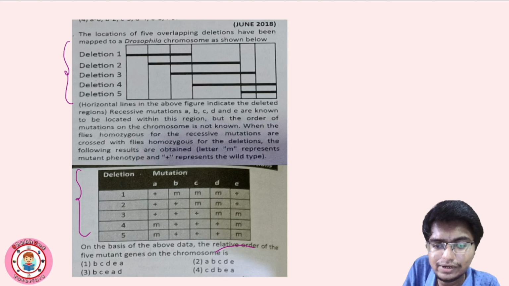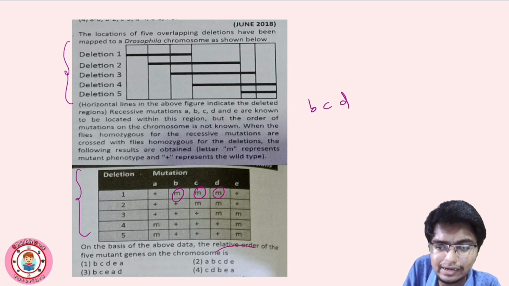Just see the mutants B, C, D in deletion 1, BCD mutant means first BCD, then again CD common है 2 में, then after D E is there, and after E A is there. Same. So B C D E A. Option number 1.